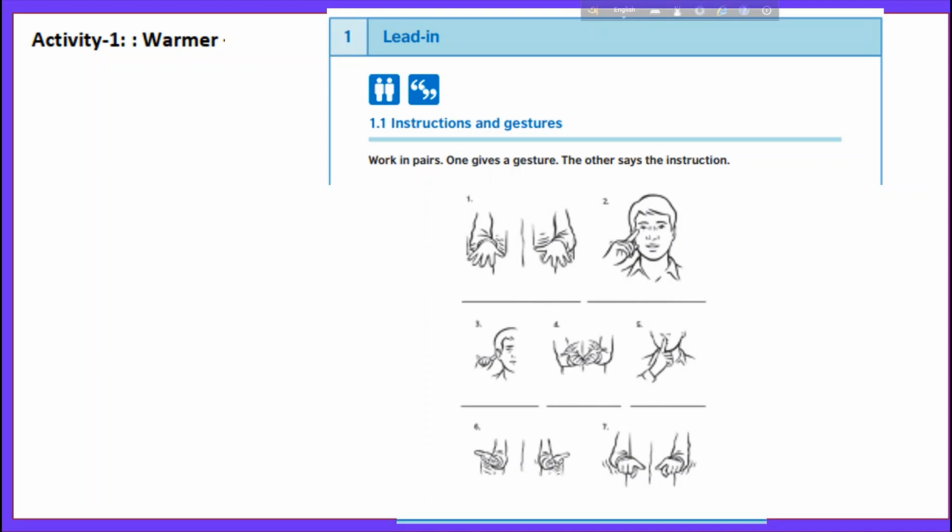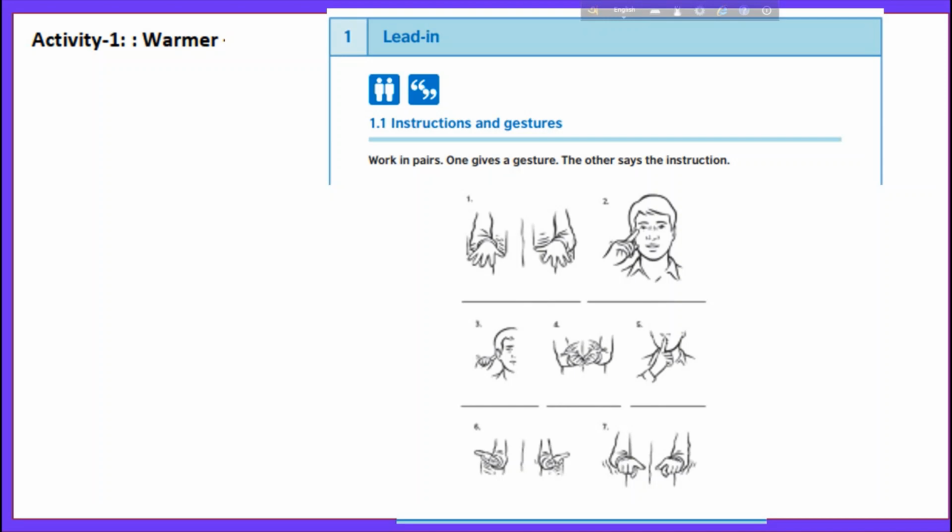Instruction and gestures. Work in pairs. One gives a gesture, the other says the instruction. Here this is a pair work. One teacher gives a gesture, and the other says the instruction.